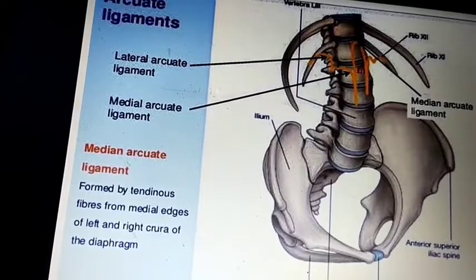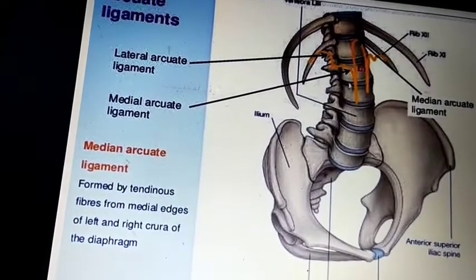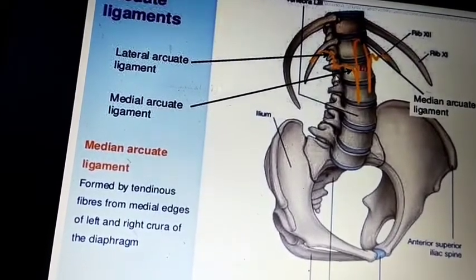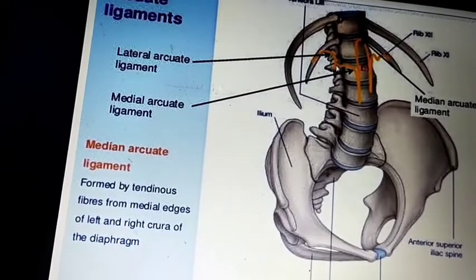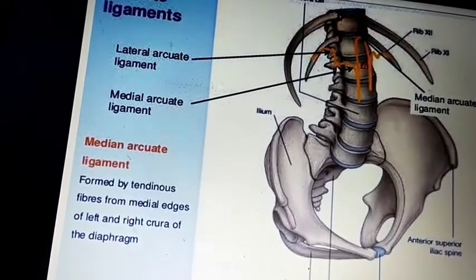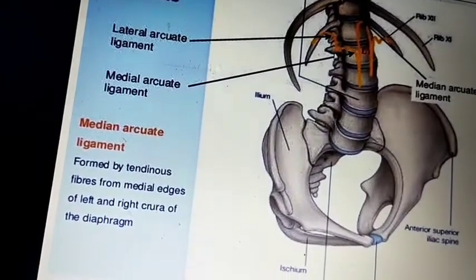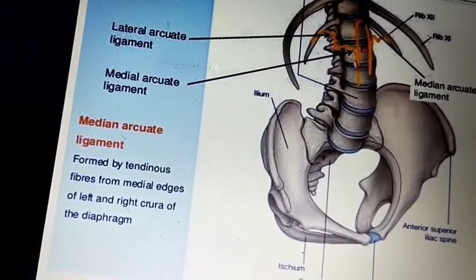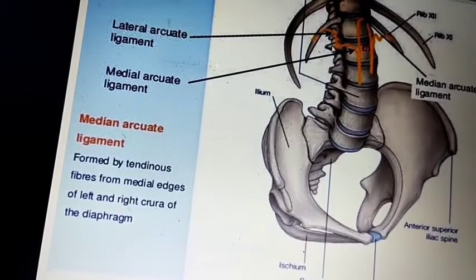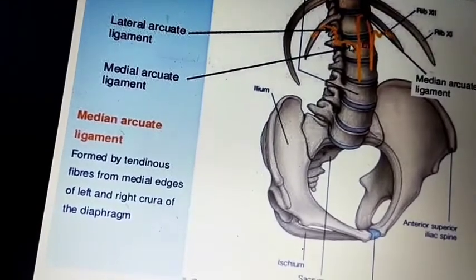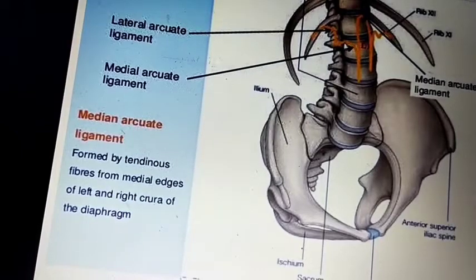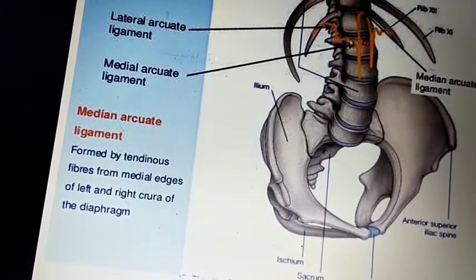And the other one is the medial, not median, medial arcuate ligament. Why is it arcuate? They look like an arc or curve. That's why arcuate. Medial arcuate from the body of the vertebra to the transverse processes of the vertebrae, and from the tendinous arc-like structure, that is the medial arcuate.